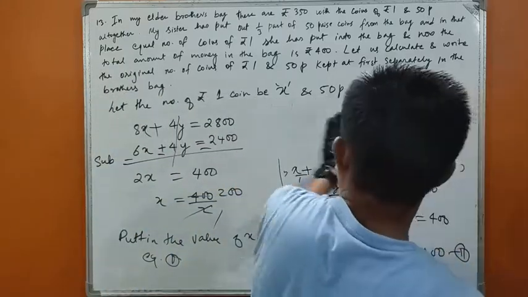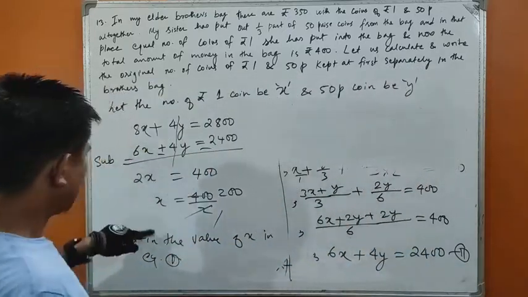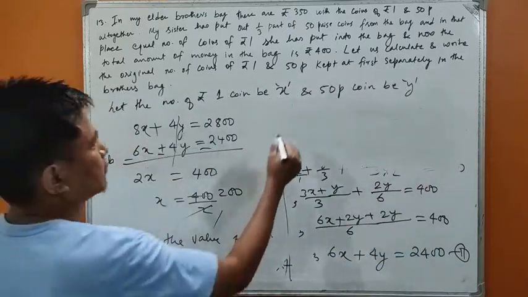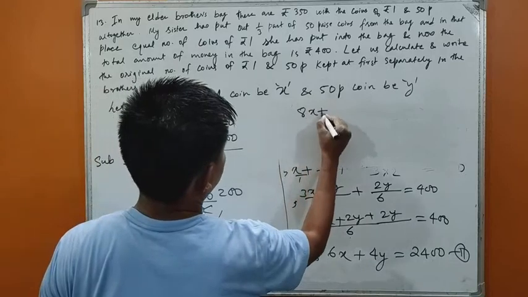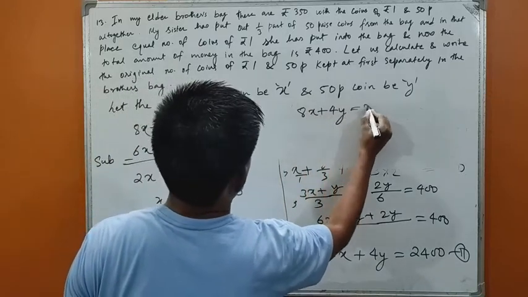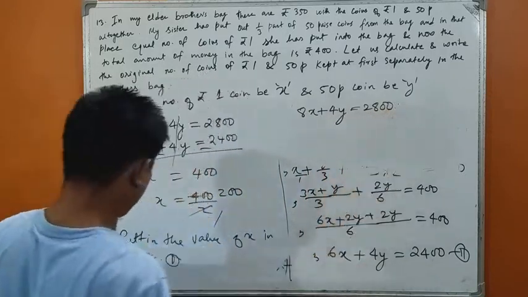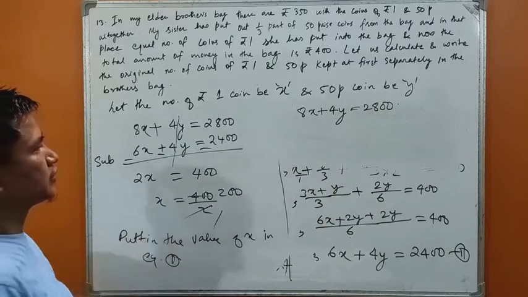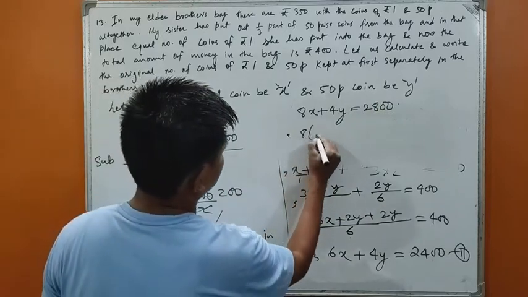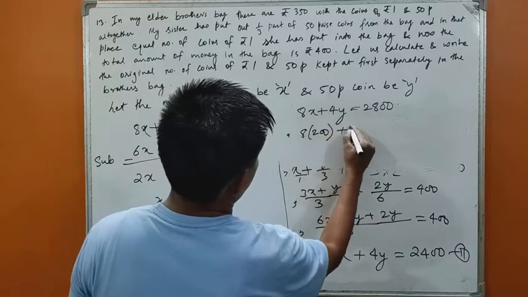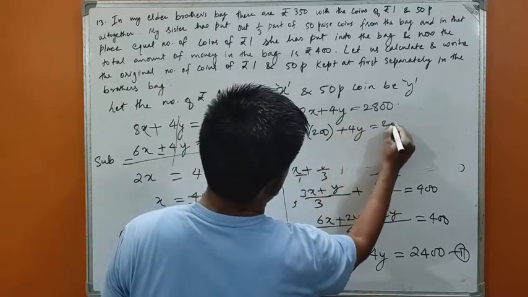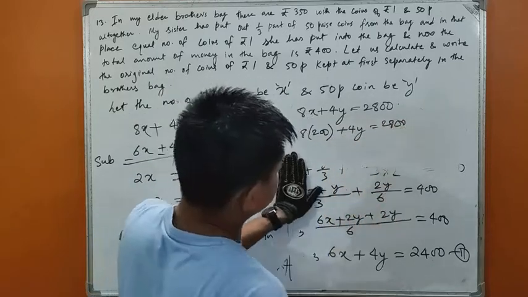These calculations are very easy, so I am doing a little faster. 8x plus 4y equals to 2800, isn't it? So x means 200, so 8 into 200 plus 4y equals to 2800, isn't it?